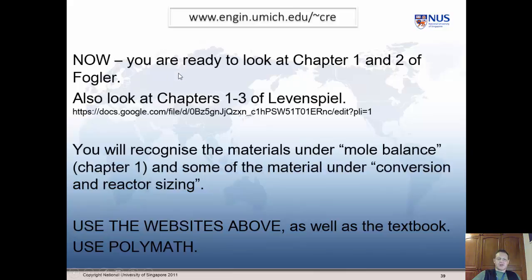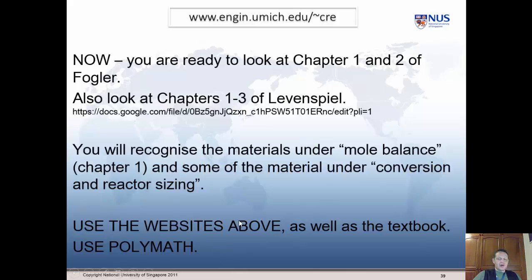Both of these are available on the web. In chapter 1, you'll recognize mole balance and you'll recognize conversion and reactor sizing. These websites are useful as well as the textbook. There is a package called Polymath on your phone, and I'll talk to you about this during the verbal lecture.